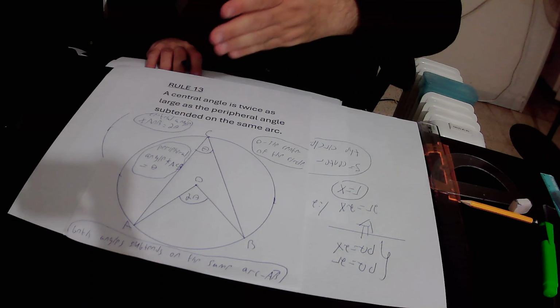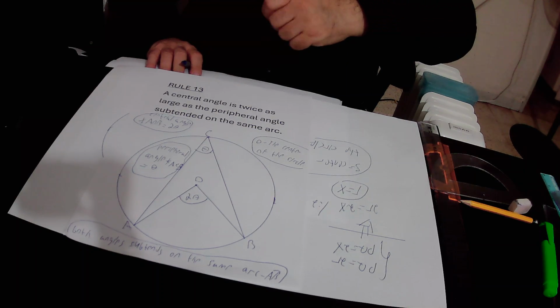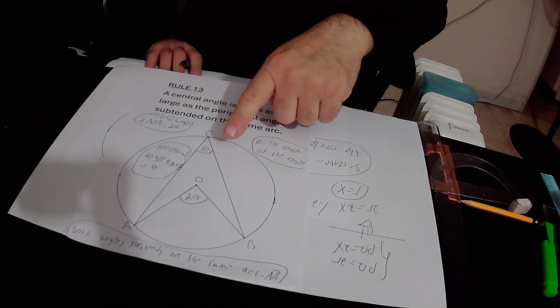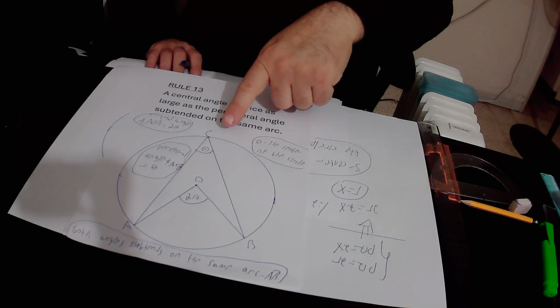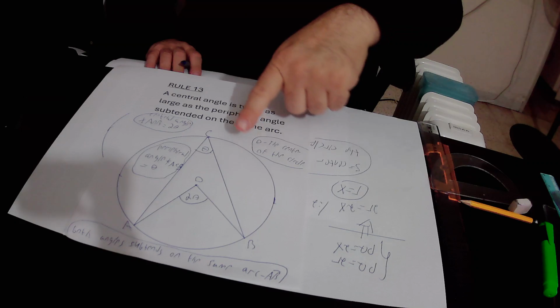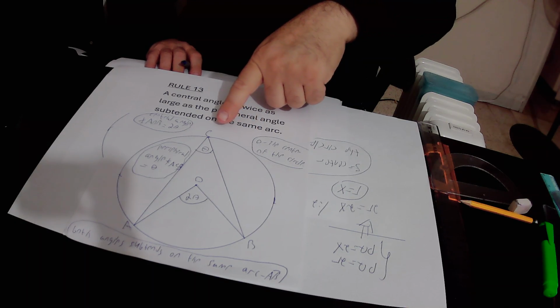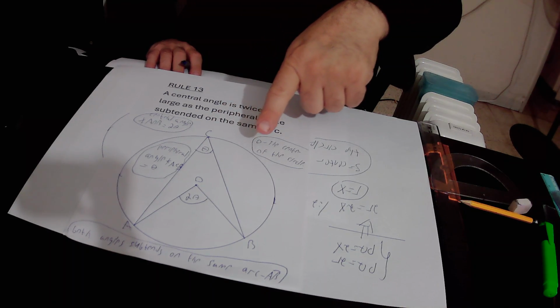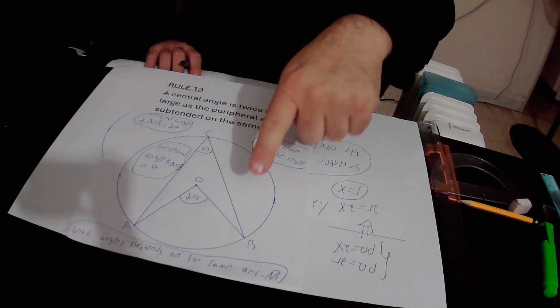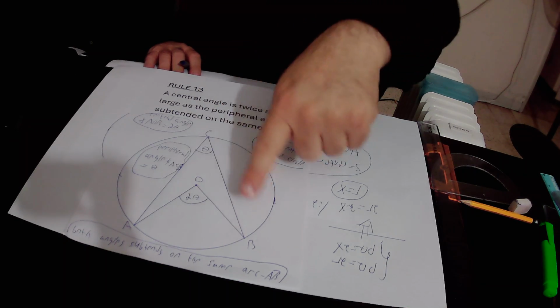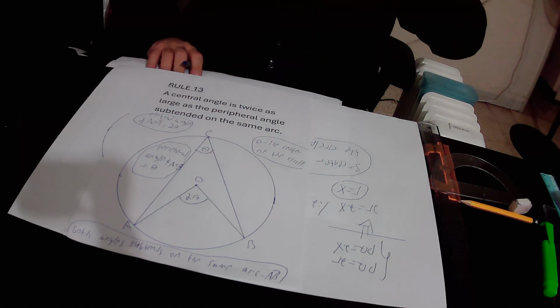And therefore, according to this rule, rule number 13, the central angle is twice as large as the peripheral angle that is subtended on the same arc. So if the peripheral angle ACB equals theta, then the central angle AOB that is subtended on the same arc, arc AB, must be equal to 2 theta.